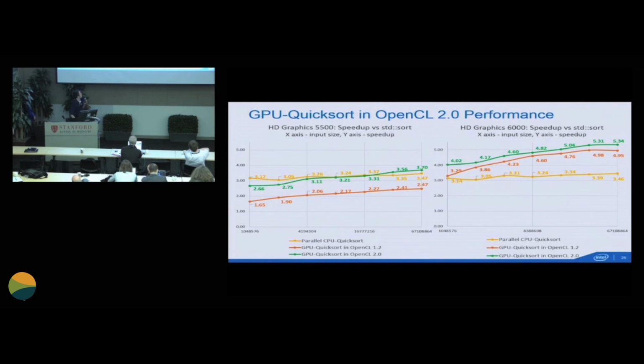On GT2, the picture is a little bit muddled. You start outperforming the CPU at around 32 to 33 million elements.